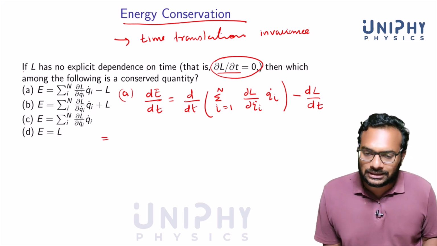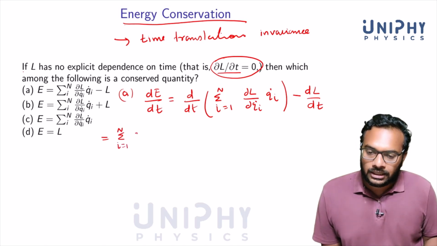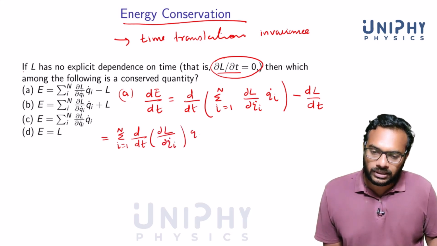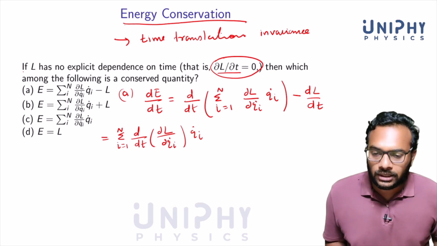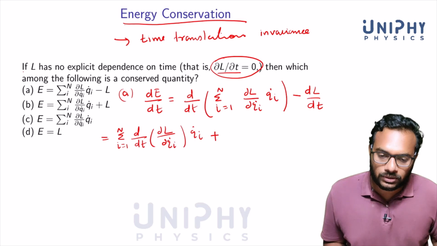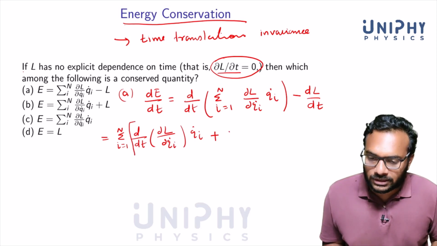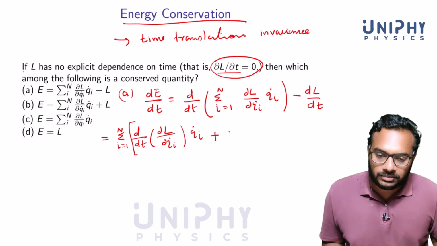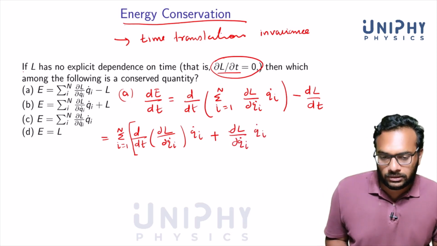Here we can use the chain rule, so this becomes summation i equal to 1 to n, d by dt of dou L by dou qi dot multiplied by qi dot, plus the product rule. I'll have the summation pulled outside, and this becomes dou L by dou qi dot, qi double dot.